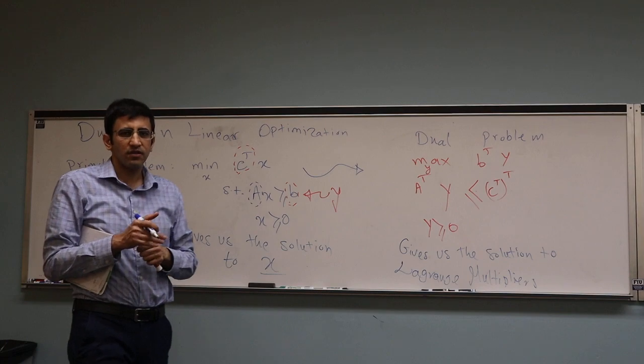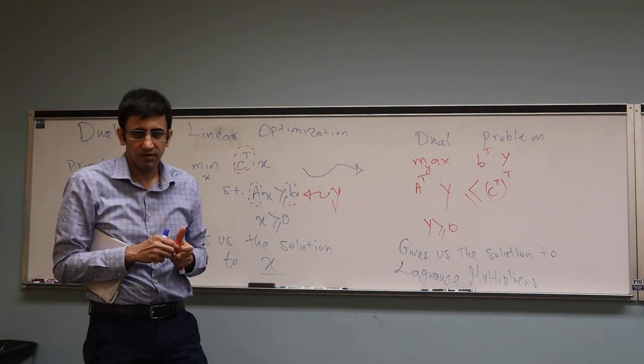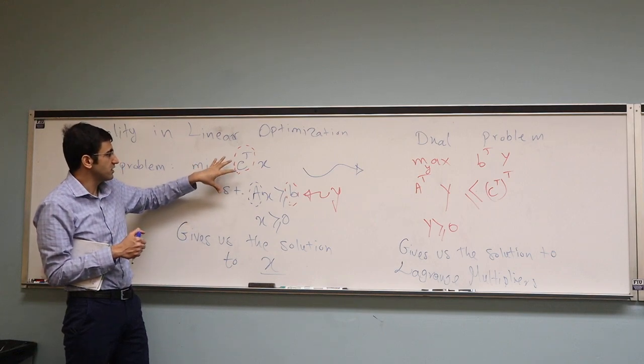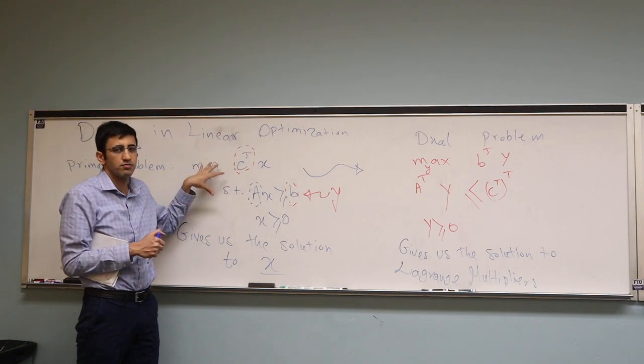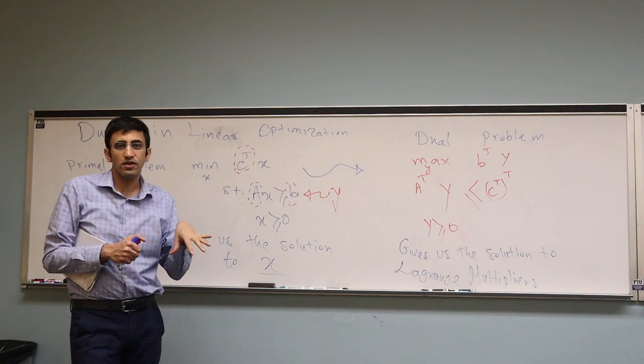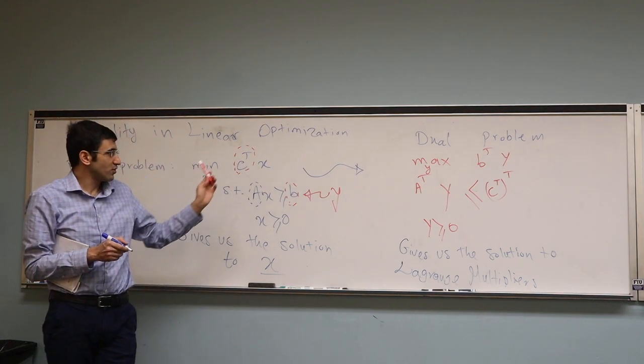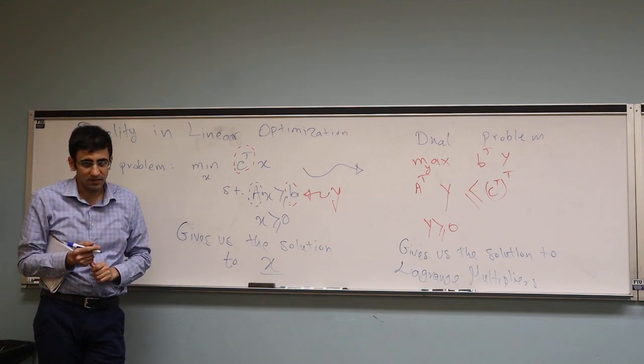This is the fact that we call zero duality gap, because there might be a gap between the solution of the dual problem and the primal problem, but for linear optimization, it has been proved that the dual and primal problem have the same answer.